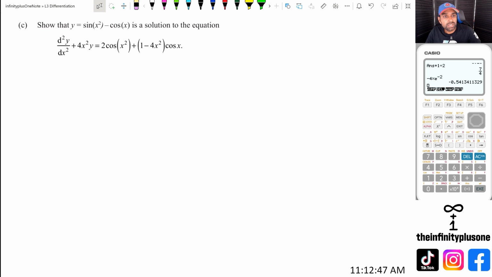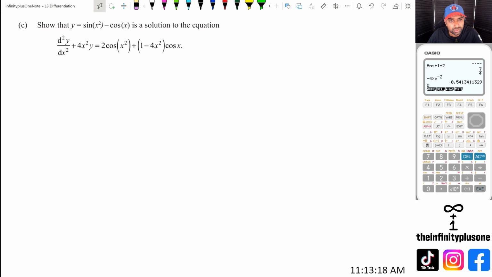All right, so question C, what we've got is show that y equals sine of x squared minus cos x is a solution to this equation. So I guess the first thing we want to be doing is, it's pretty much a proof question here. So we've got to try and work out the left hand side first. So we've got sine x squared minus cos x.